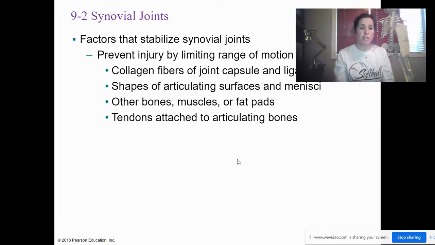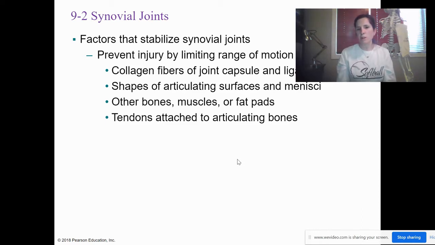The synovial joints also have factors that help stabilize them. And so basically, you know, humans, we walk erect and we need to move. So again, there is a trade-off.